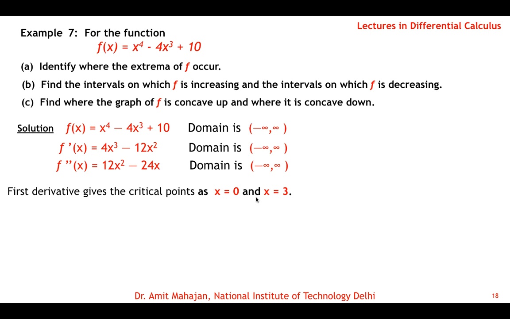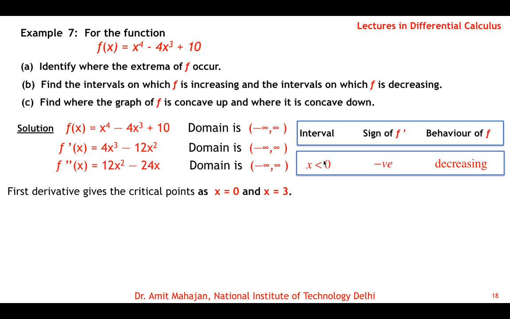Those critical points are x equal to 0 and x equal to 3, so we can solve the derivative equal to 0 to find these two points. It will divide the domain into subintervals: minus infinity to 0, 0 to 3, and 3 to infinity, and on these intervals we can check whether the function is increasing or decreasing.